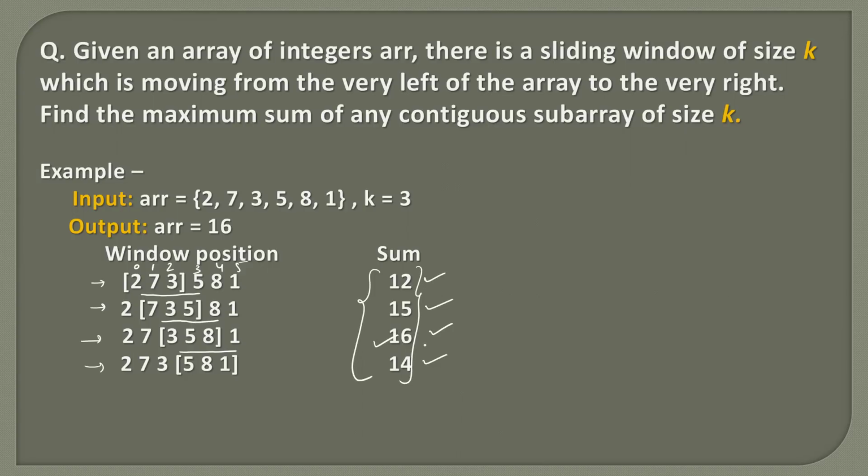So our answer should be 16. It means we have found one subarray having 3 elements, 3, 5 and 8, and their sum gives a maximum sum of 16. And here the window size is whatever the value of k. So friends, now let's move ahead and see how we can solve this problem.